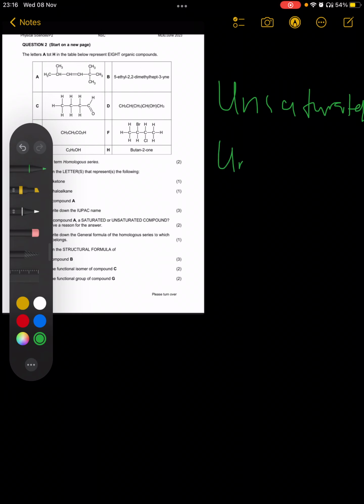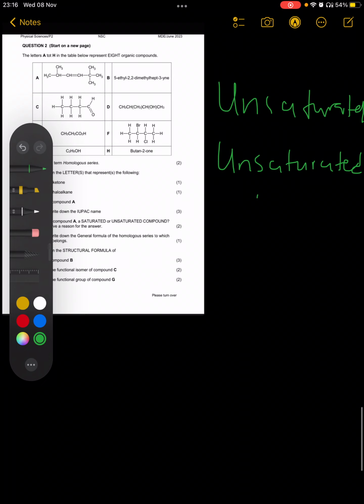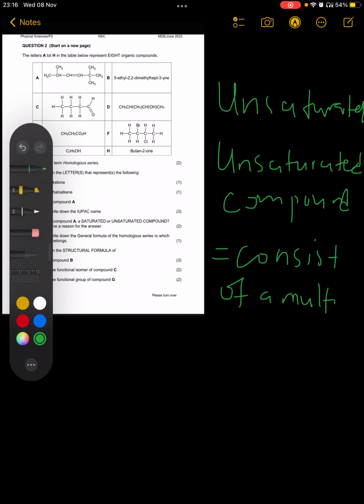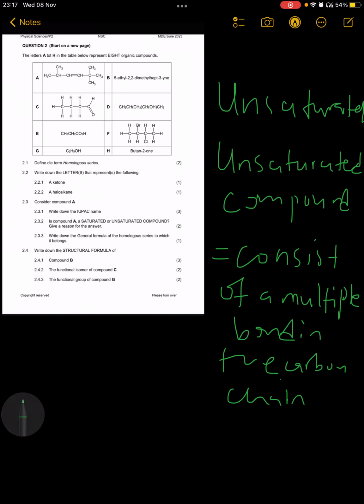So it's an unsaturated compound. Why? Because it consists of a multiple bond in the carbon chain. All right.